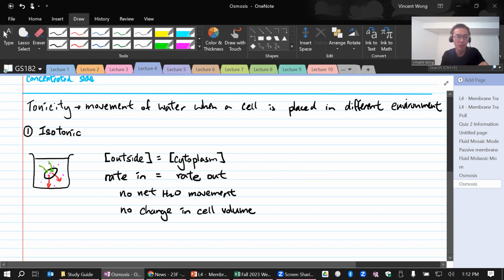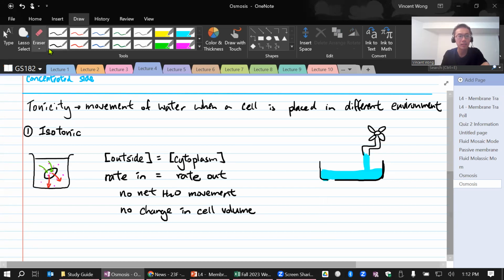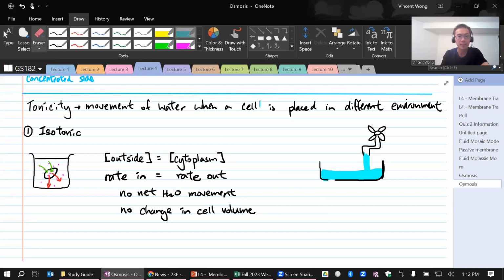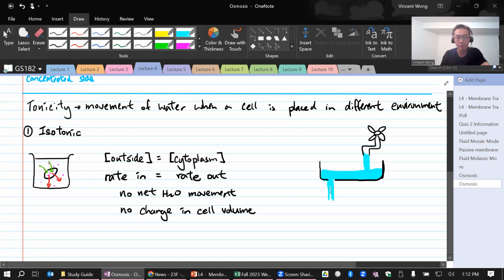It's hard to visualize, right? You can think of it like this. Let's have a basin, and I am going to turn on the tap. The water's coming in, it's gonna fill up the basin. But I'm gonna poke a hole at the bottom of the basin, so water's gonna leak out.